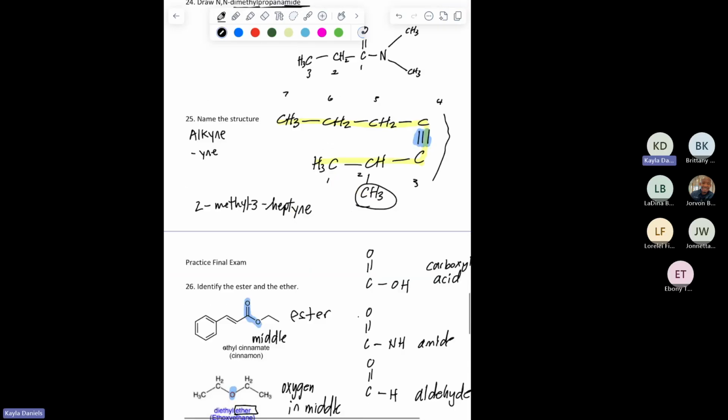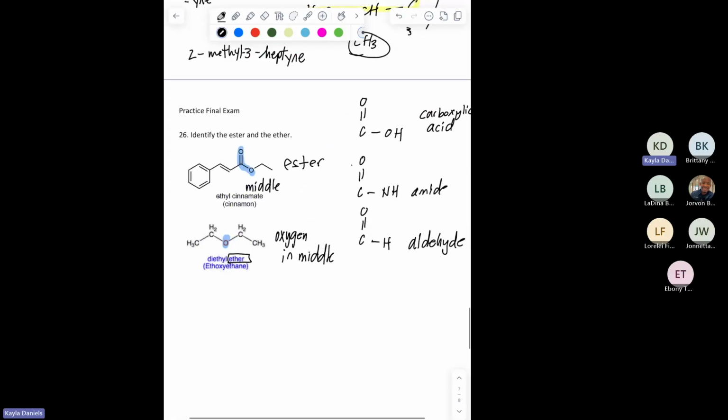All right, 26. Just again, make sure you have somewhere probably on your reference sheet the difference between an ester and an ether. An ester has that C double bonded to an O, same carbon bonded to another oxygen, and it's in the middle. Here we have an ether, which is just an oxygen, no double bonds, in the middle.